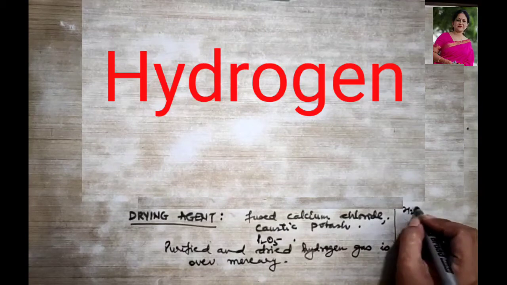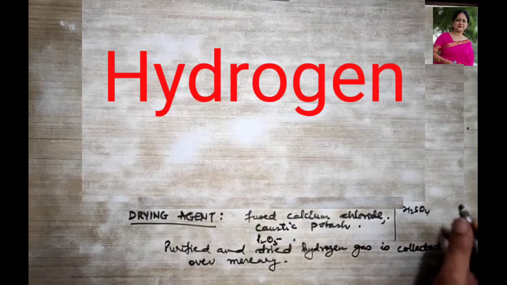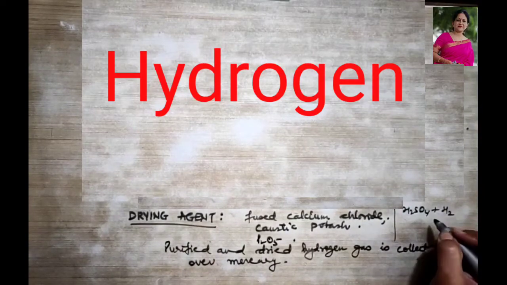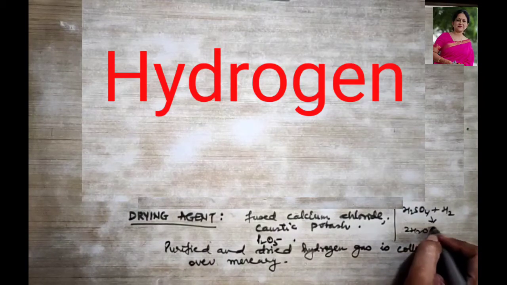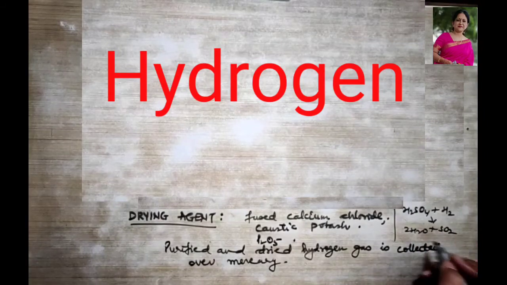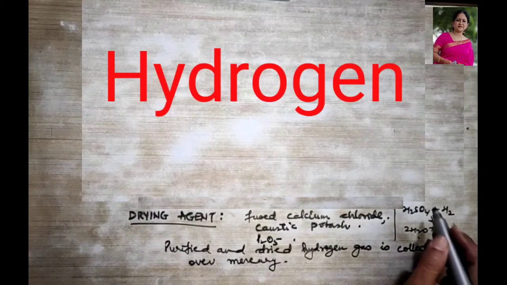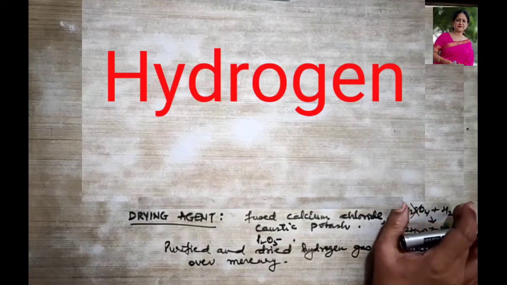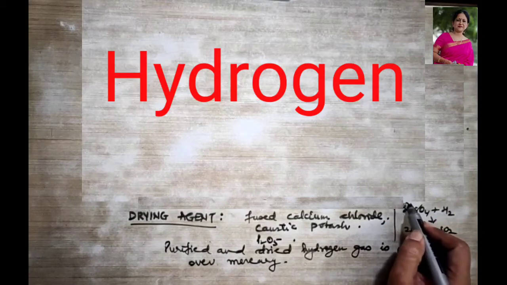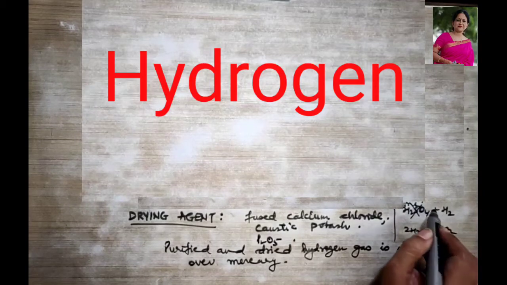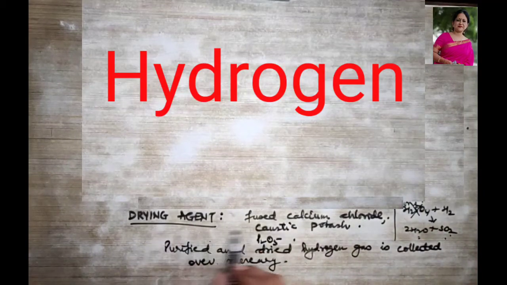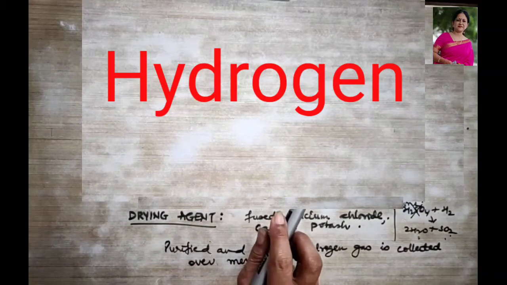If we use H2SO4 as the drying agent and hydrogen gas is passed through it, it will give us water and sulfur dioxide. So where have we obtained hydrogen? We do not obtain hydrogen. This defeats the purpose of collecting hydrogen, and therefore concentrated sulfuric acid, though it is a drying agent, is not used for drying moist hydrogen gas.